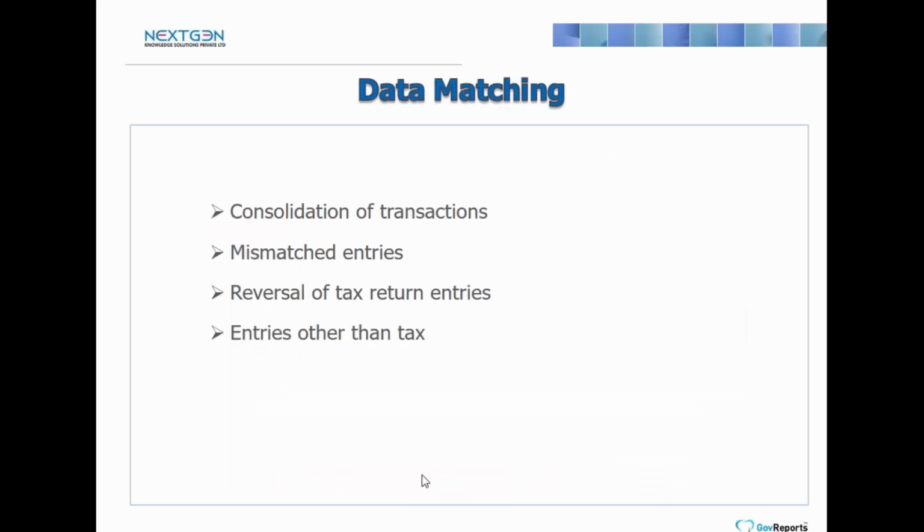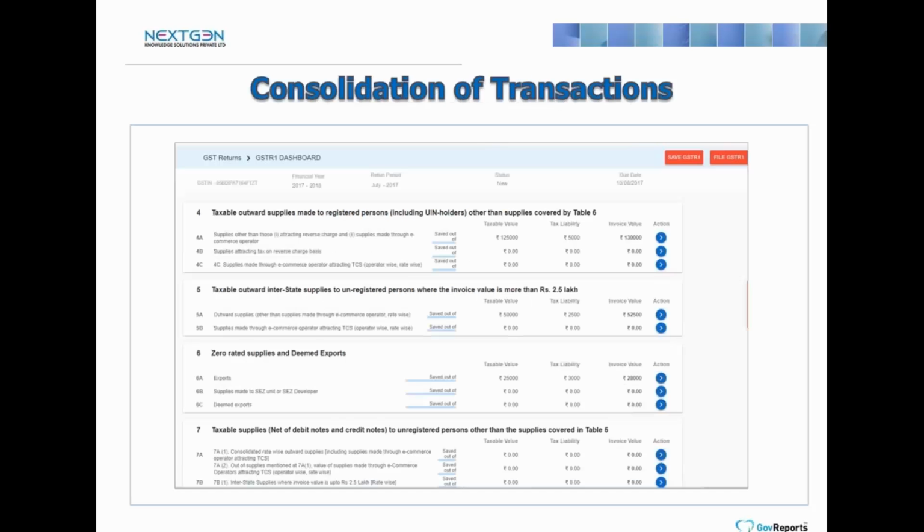Now friends, you must have seen in the media reports that the finance minister's statement was published that invoice level data between the supplier and the recipient will be matched. Now this data matching will include consolidation of transactions, then mismatched entries will be segregated, and reversal of tax and return entries and entries other than taxes.